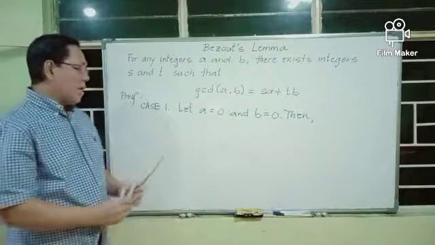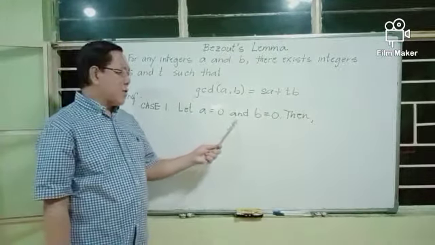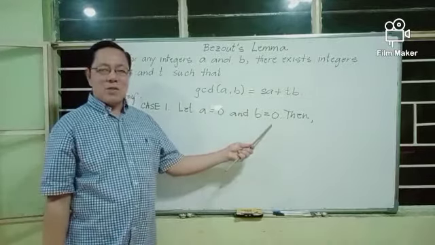In case 1, we let a be the zero integer, and we also let b be the zero integer.